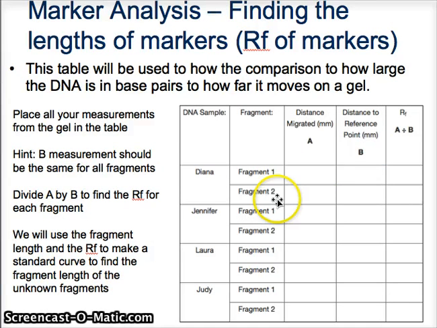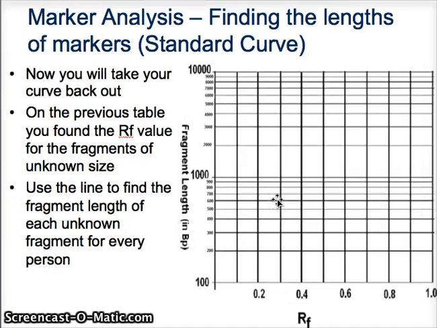Now what we want to figure out is how many base pairs each one of these fragments is. Like I was saying previously, we have our standard line or curve. This one might be a little bit different, but you should use the same one that you made from your markers. And now we just extrapolate. We know the RF values of all our unknowns, so you just take a dotted line, go across to the line, and then go over.